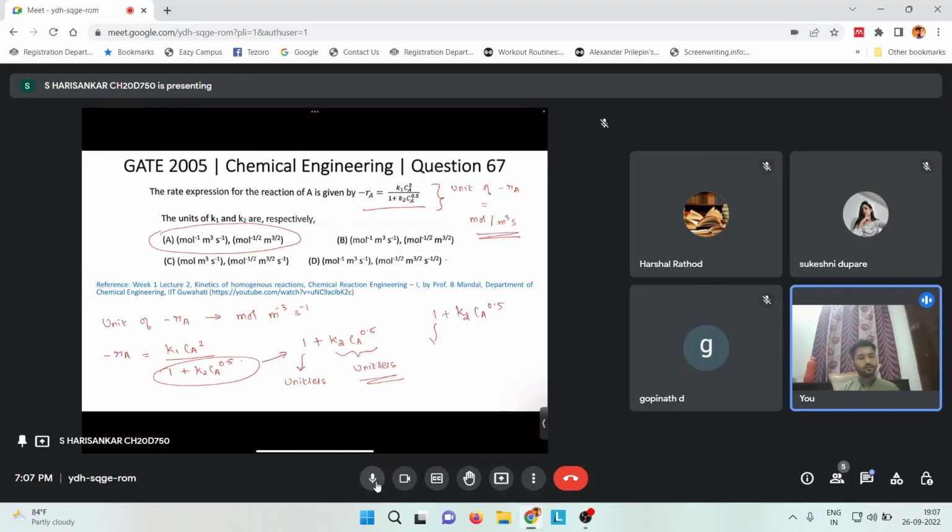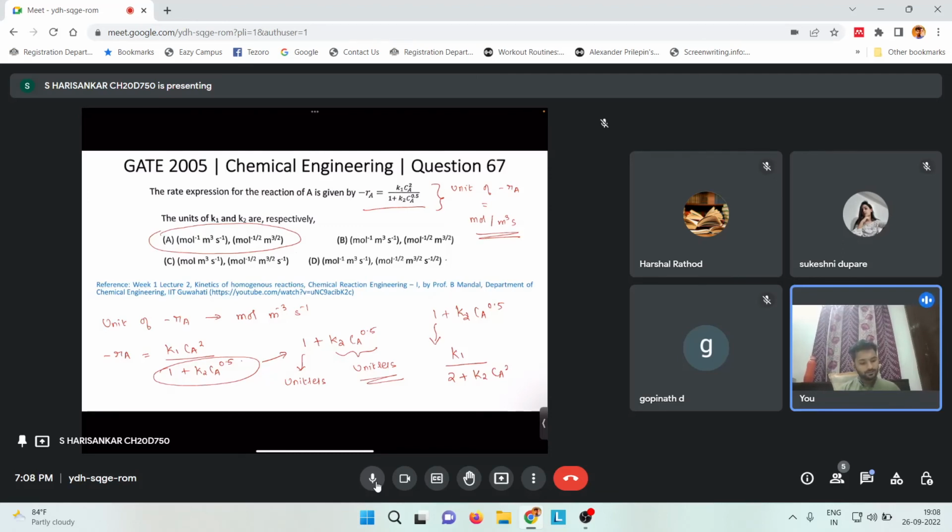So let's say, instead of this, you have a reaction rate equation like K1 by 2 plus K2 Ca square or something. This usually you won't get, but let's say you have a rate equation like this.